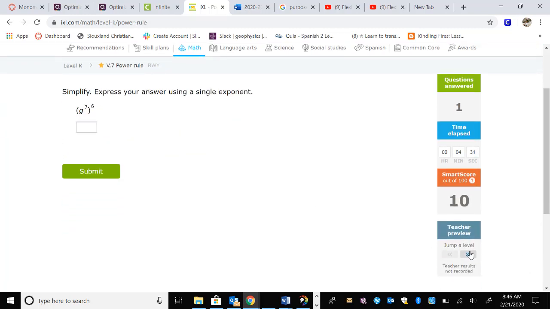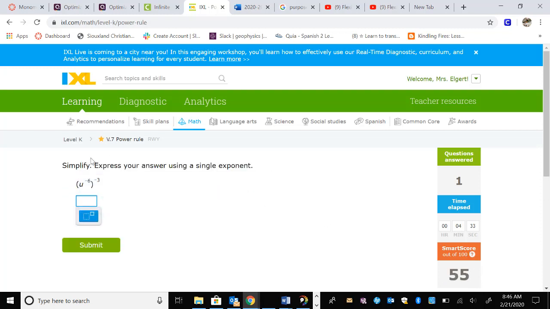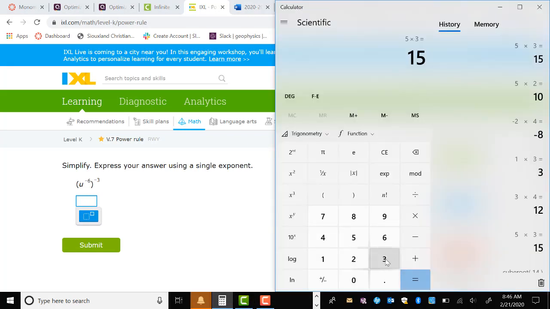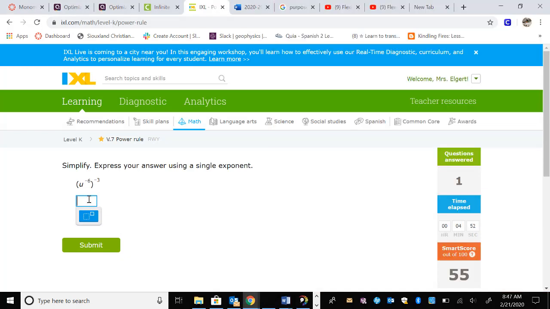I'm going to jump to harder ones so you can kind of see. Oh, here's one, a negative and a negative. So if you use your calculator and you take negative 6 times negative 3, that gives me positive 18. So it's going to be u to the 18th. Do I need to rewrite it? No, that's just it.